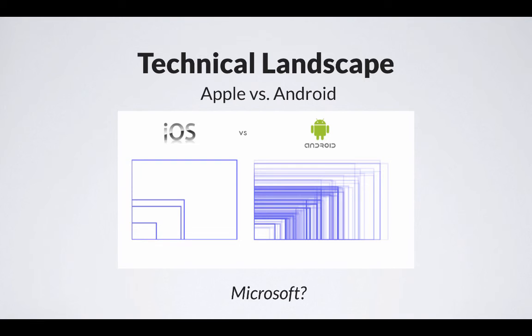Like if you see in this image that we're looking at here, the Apple devices, iOS on the left, we have far fewer devices, far fewer screen sizes that have to be managed by printers and scanners and payment swipes and all of those kinds of things. Whereas in the Android world, you've got literally hundreds of different types of hardware and a much broader stratification of operating systems being run on Android.